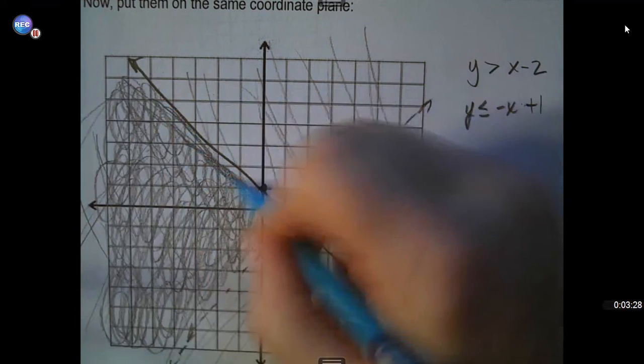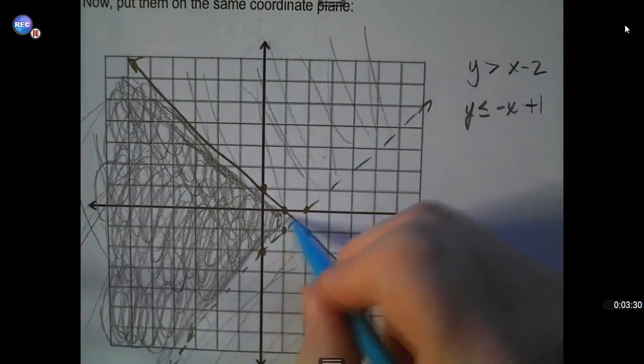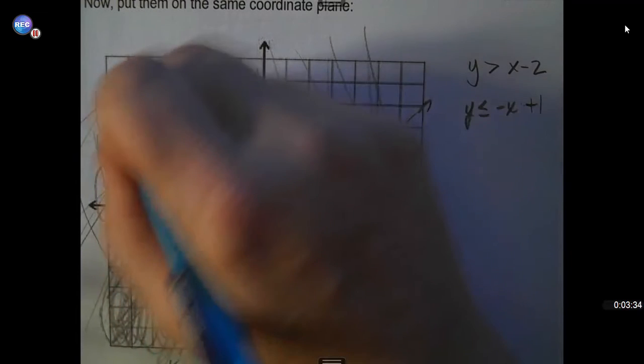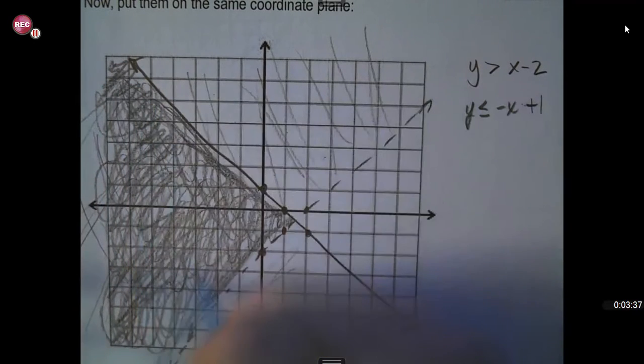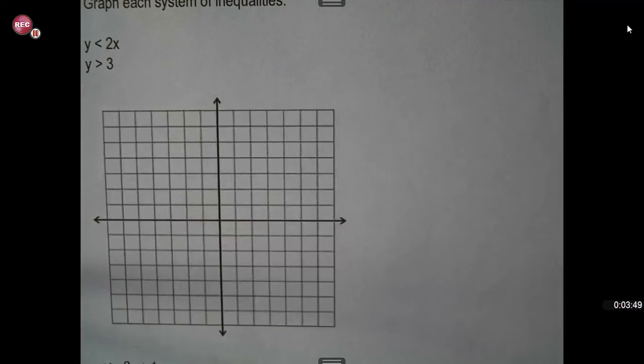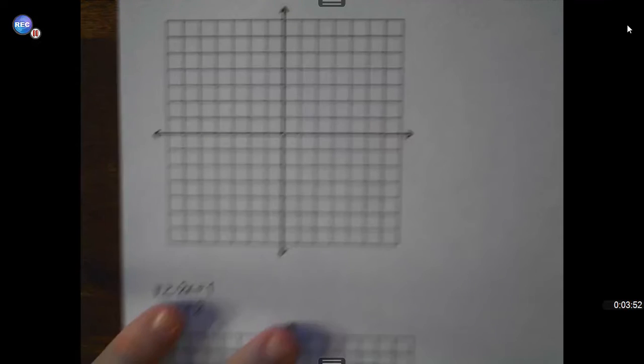This solid line, this dotted line, and everything between them as such. That would be the answer. So really, not doing anything tremendously different. Just adding another step to the problem.